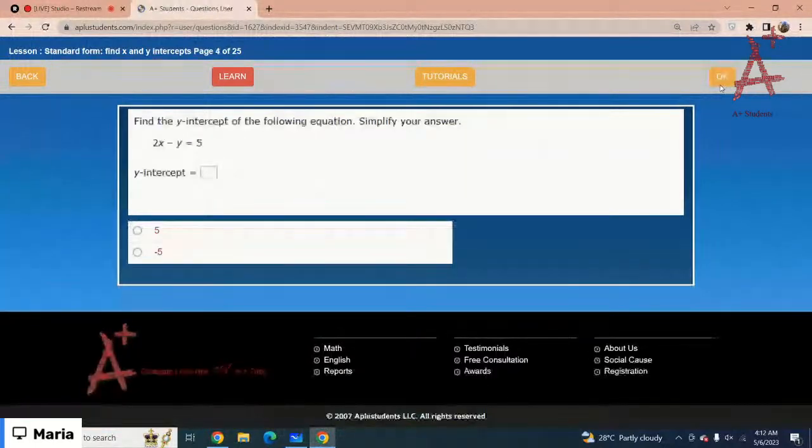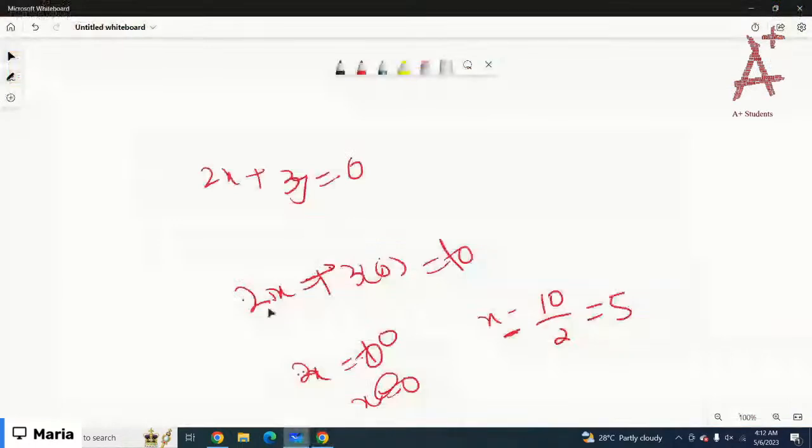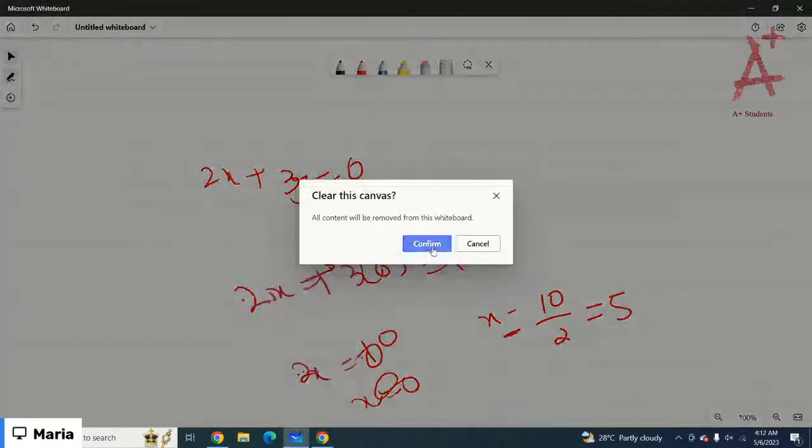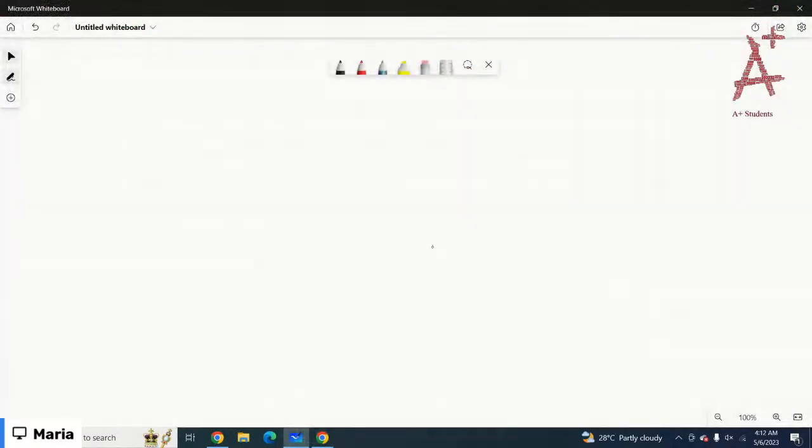Okay, the next one is find the y-intercept of the equation 2x minus y equals 5. Here we first find the x-intercept, which means you need to put y equals 0. Just replace the y with a 0. It would be 2x minus 0 equals 5, so 2x equals 5.